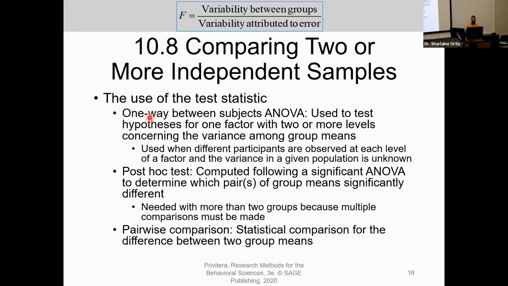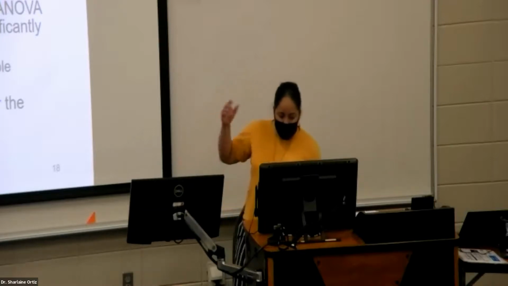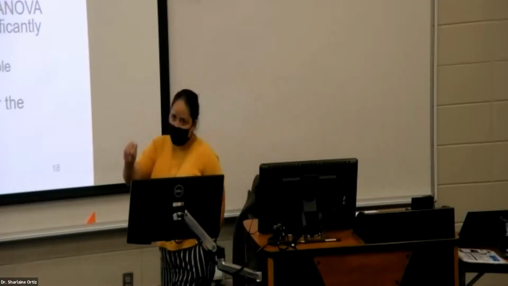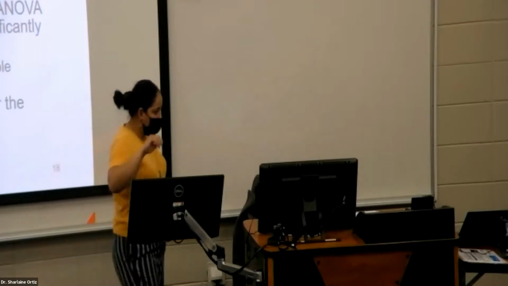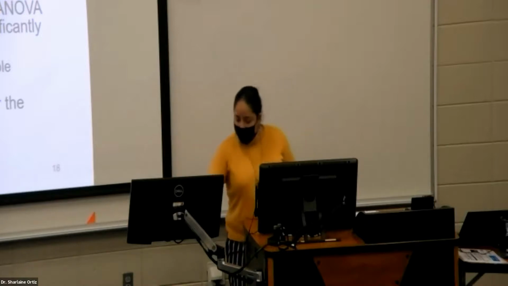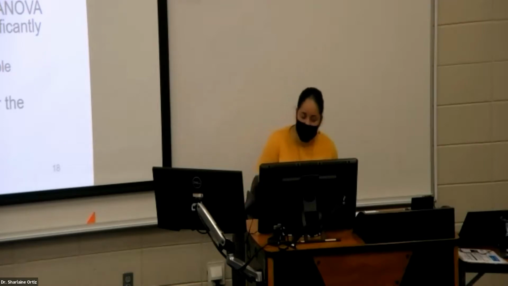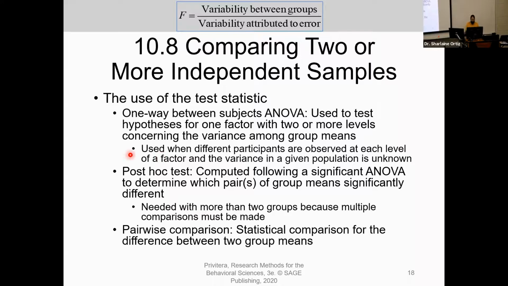Because ANOVA is only going to give me a general result of significance. But with a post hoc, I'm trying to be more specific: which groups, whenever we pair them, which pairs did actually vary significantly. So post hoc is just more specific about which ones were indeed significant.